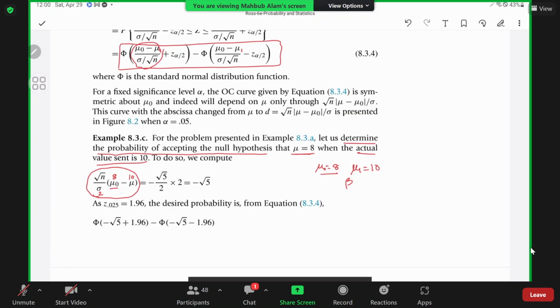So we have this one, and this results in minus square root of 5. So the left part becomes phi of minus square root of 5 plus 1.96, and this becomes minus square root of 5 minus 1.96.